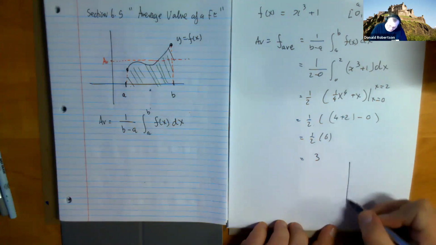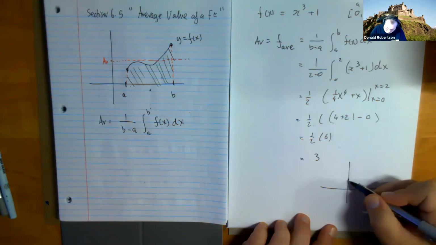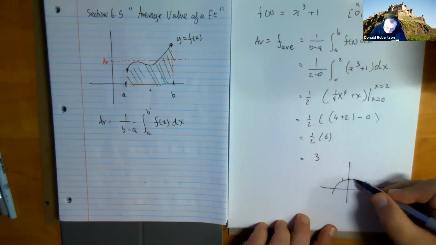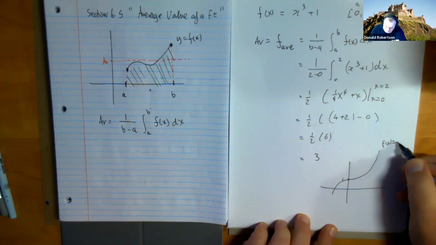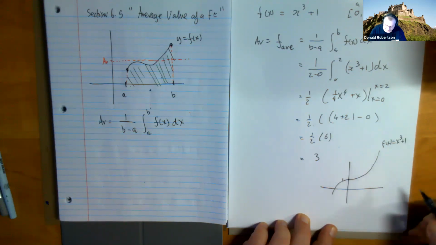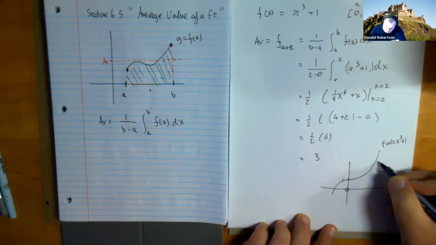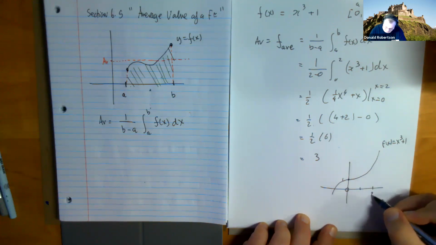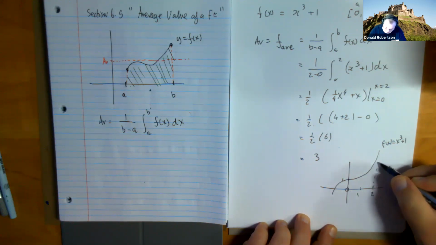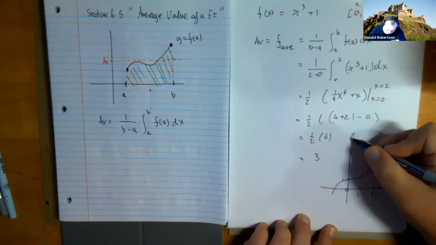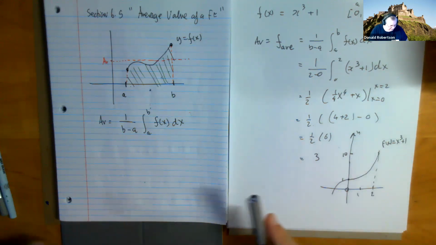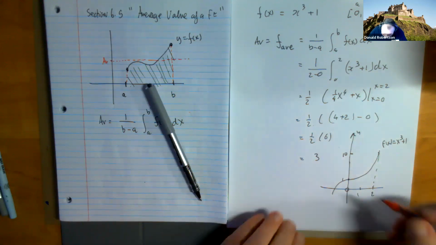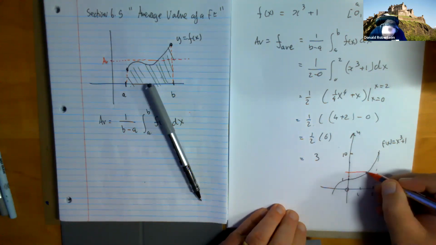So if I sketched f of x equals x squared plus 1, and I did it from 0 to 2, the average value of this function is about here.